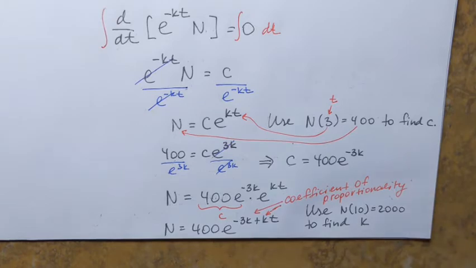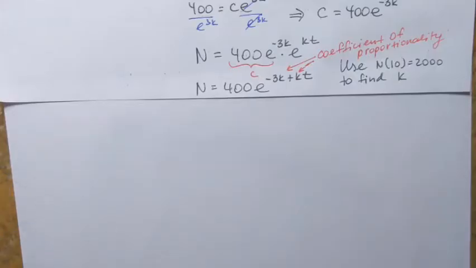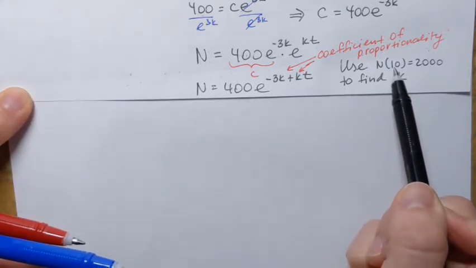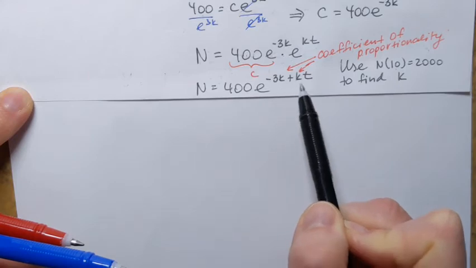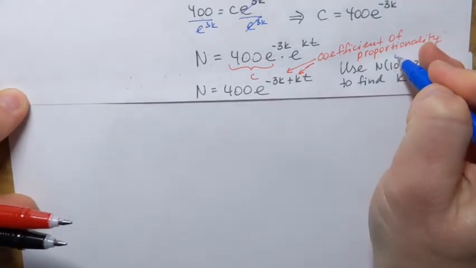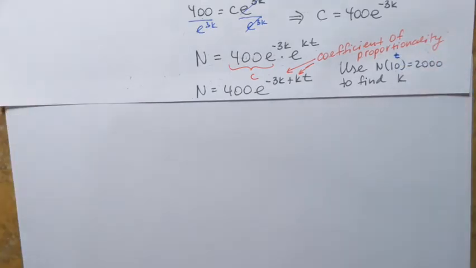So let's see. I've got more space to write, and next I will use this condition by plugging in 10 for t. Remember, 10 is t, that's time, 10 hours.